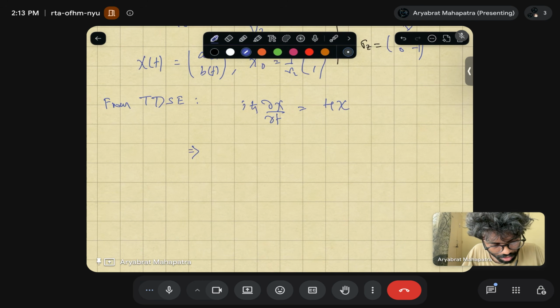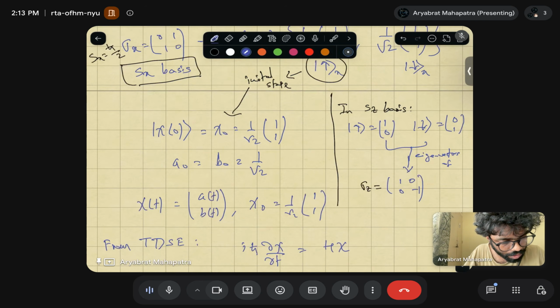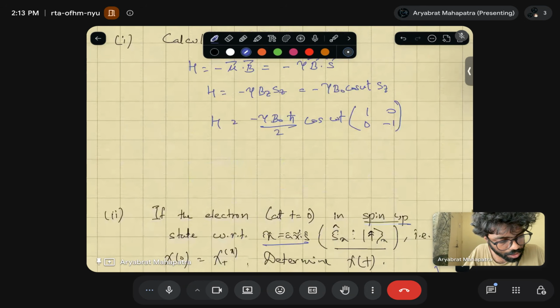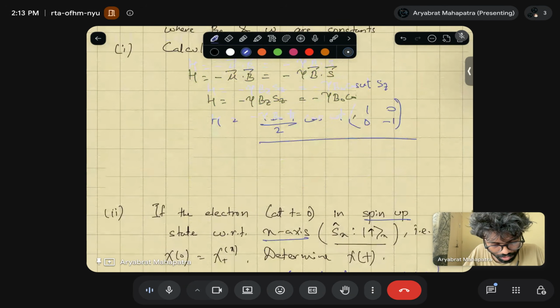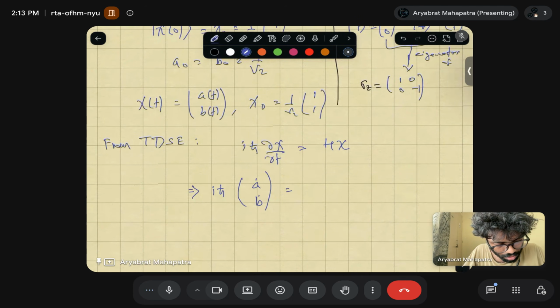So this is i h bar times (a dot, b dot) equals H chi. H is as we found previously, so this is your H: minus gamma B naught h bar by 2 cos omega t times the matrix (1, 0; 0, minus 1).